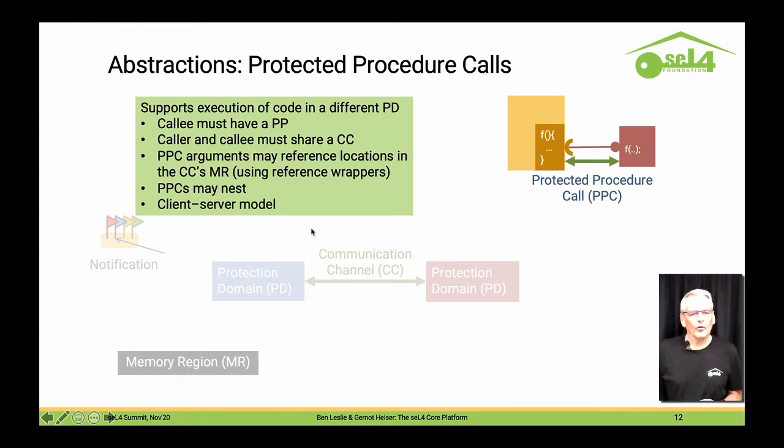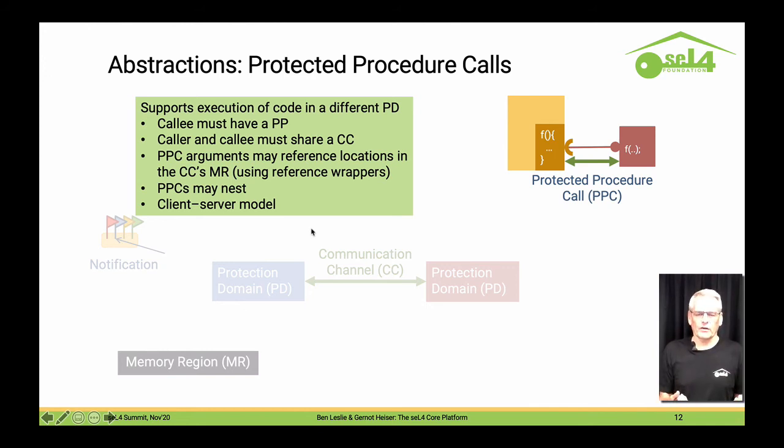The other prerequisite is that, in order to invoke the protected procedure, you need to share a communication channel. This goes without saying, because there's no communication without a communication channel. A protected procedure call can pass arguments. They may reference locations in the channel's memory object, but not by naked pointers.